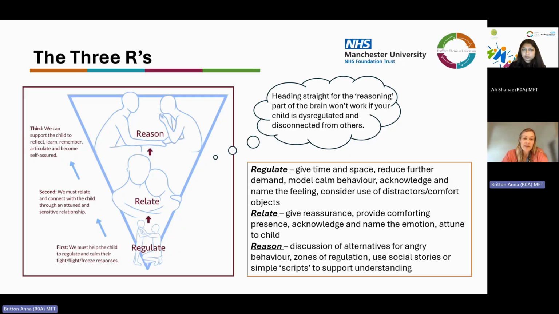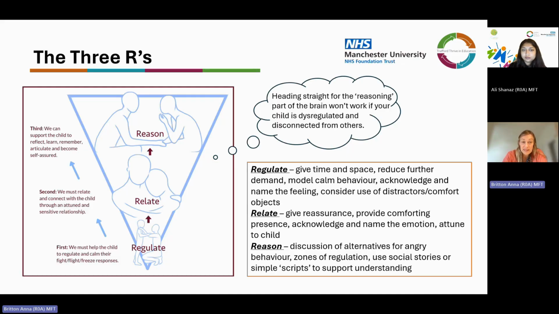So the first R is regulate. Give the young person time, don't rush them, provide a safe space, reduce those demands and model calm behaviour yourself, which can be really tricky. We fully acknowledge that.